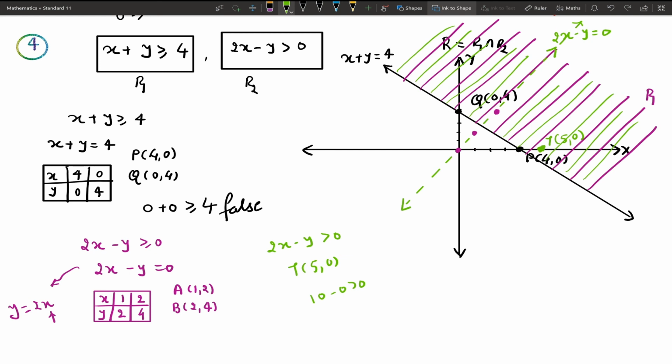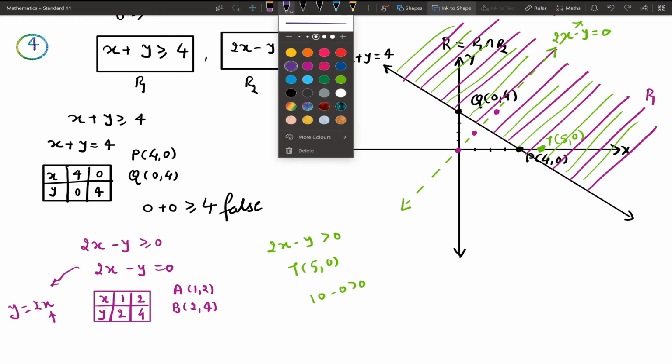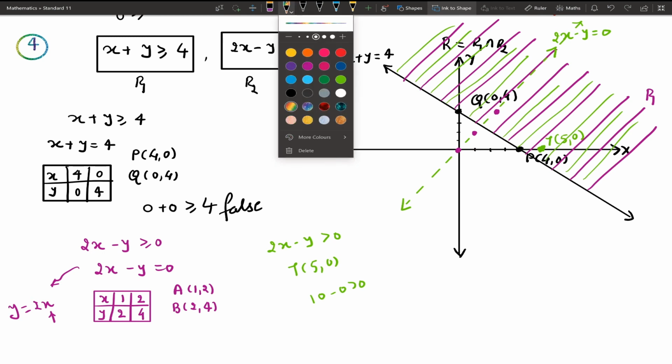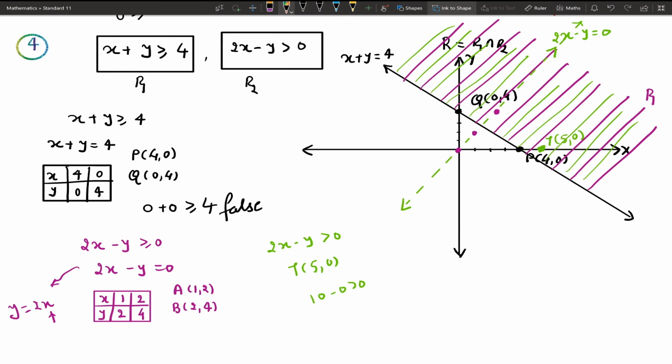This part is R1 intersection R2, the upper open half plane containing T (5, 0), that is region R2. So this is R1 intersection R2.